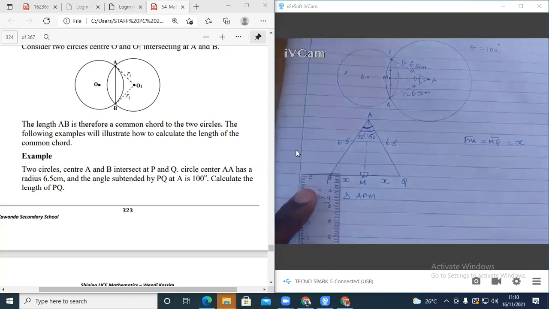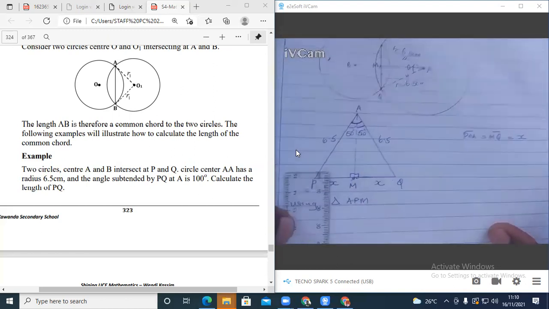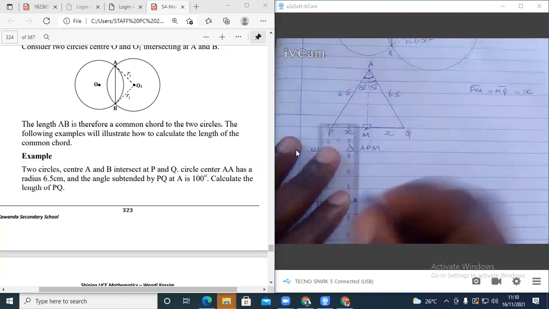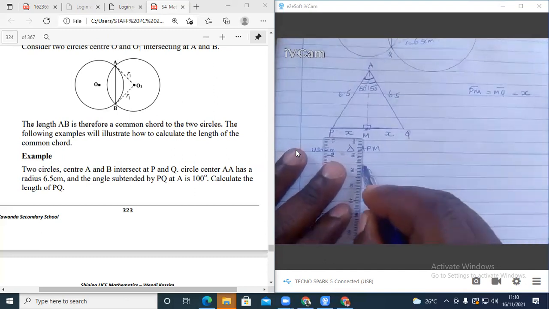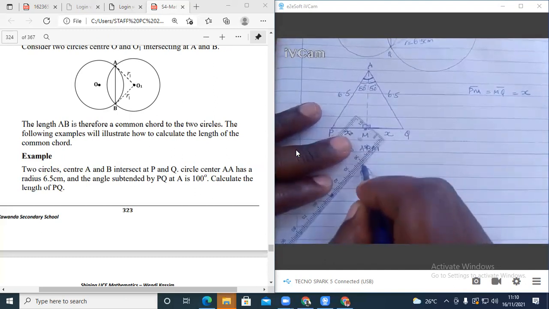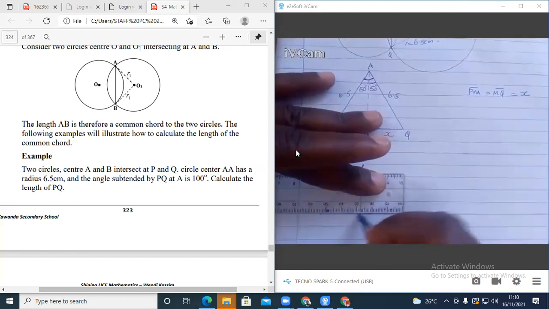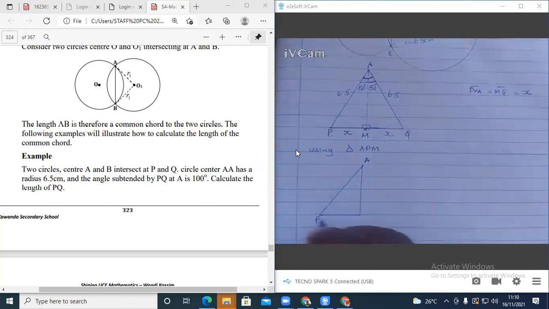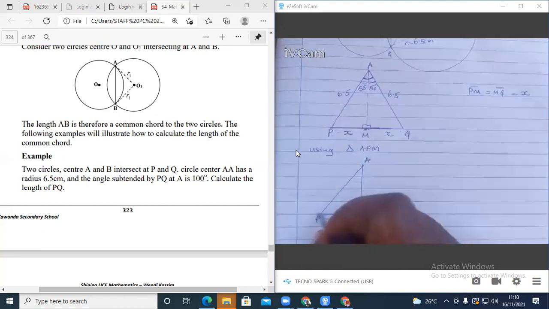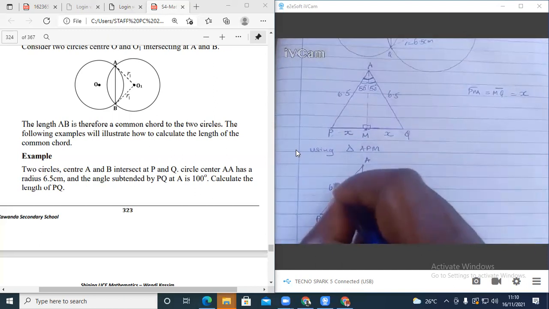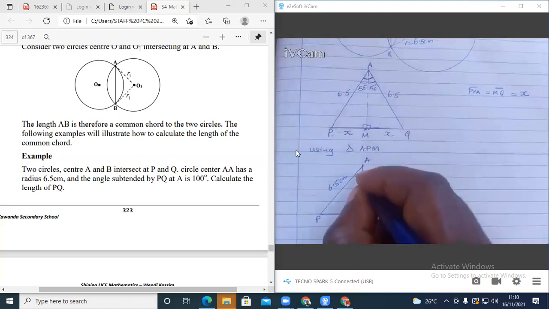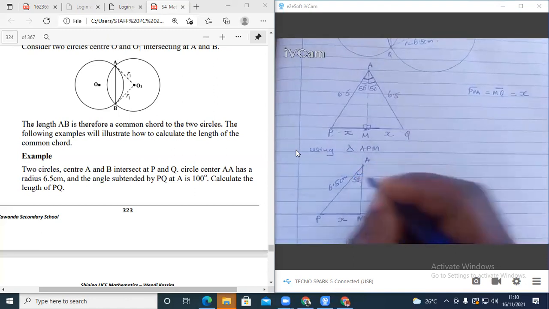So I'm drawing triangle APM, and this is X. Remember, my distance here is 6.5 centimeters, and my angle here is 50 degrees.